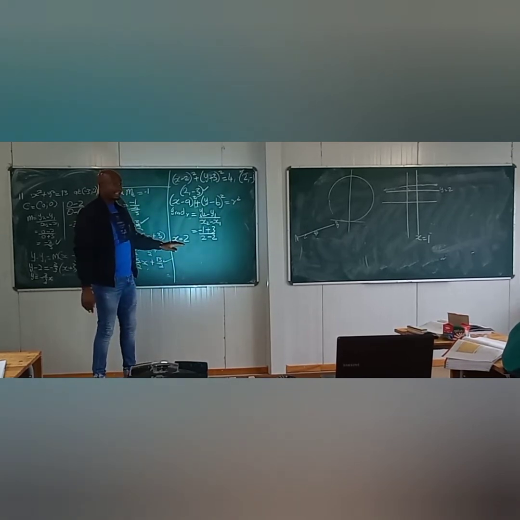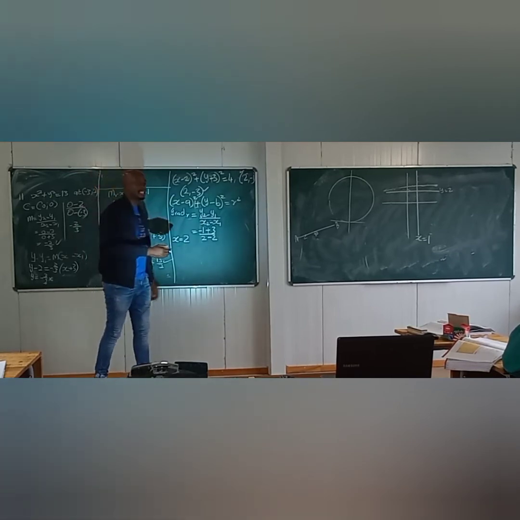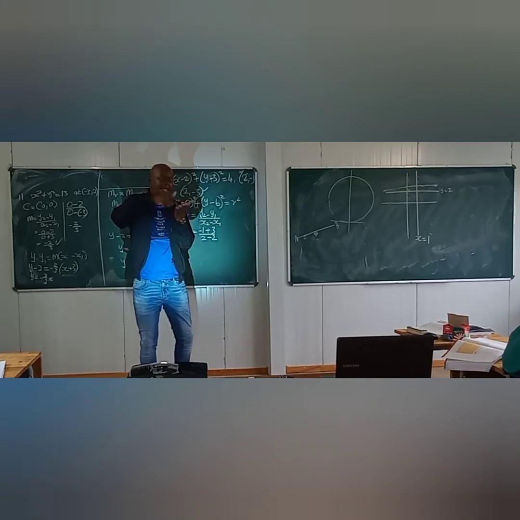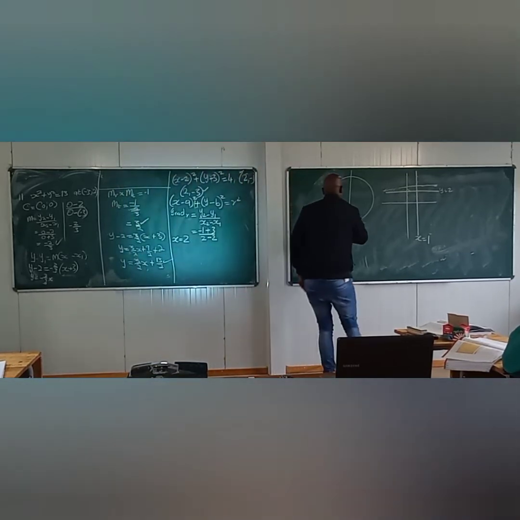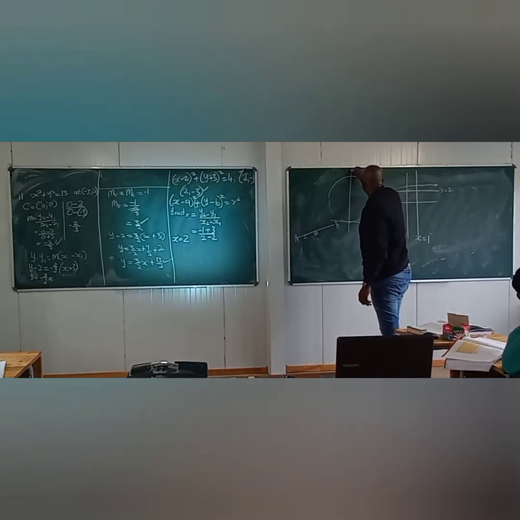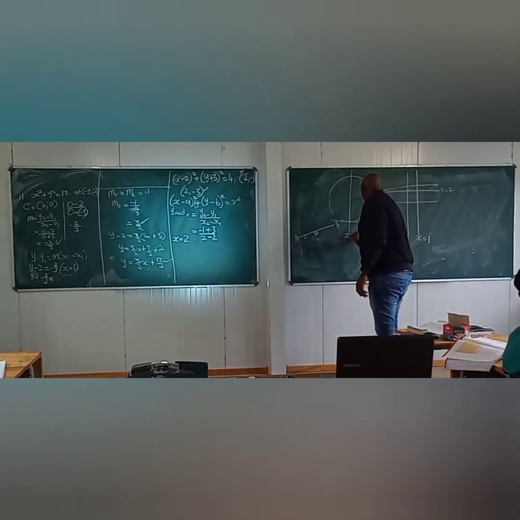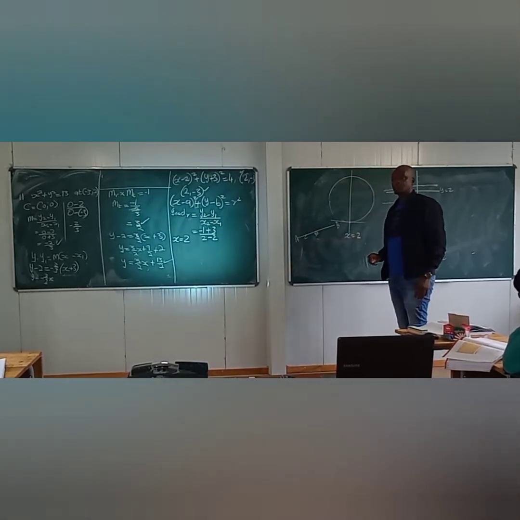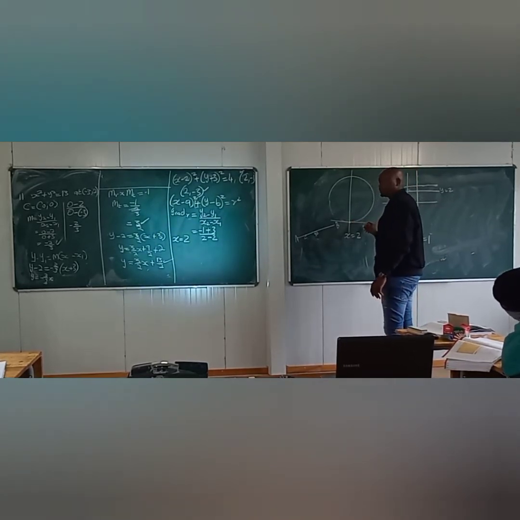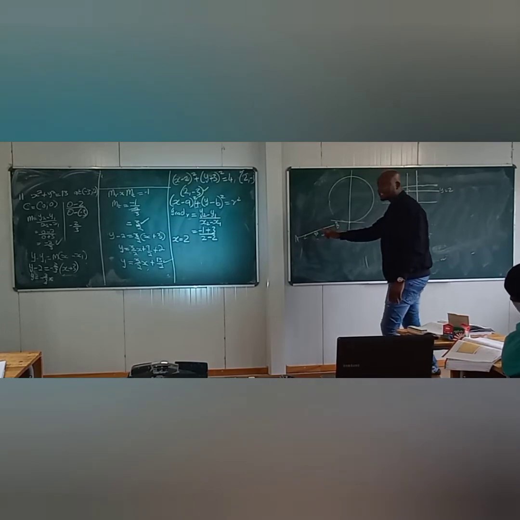Then the equation of the tangent. The tangent is perpendicular to the radius at the point of contact. So the normal is the line x equals 2, and the tangent is a horizontal line.